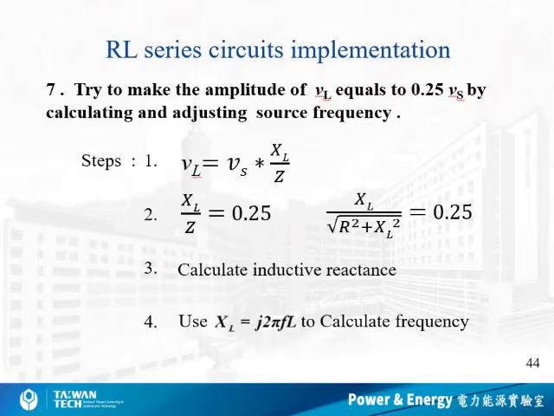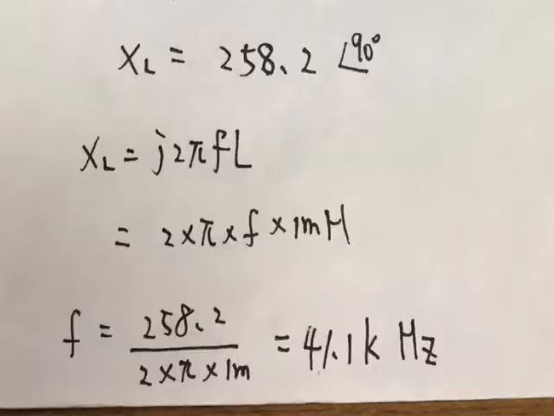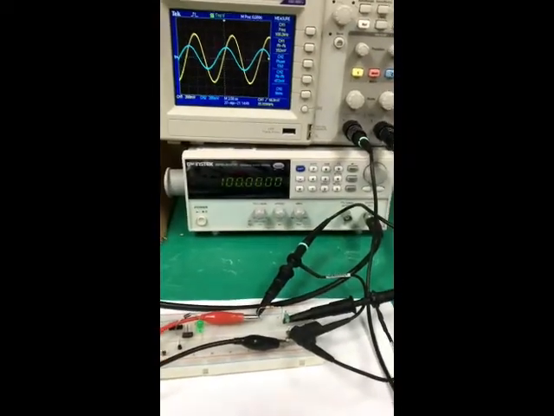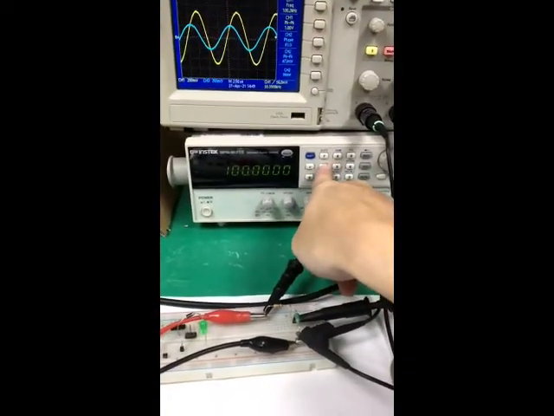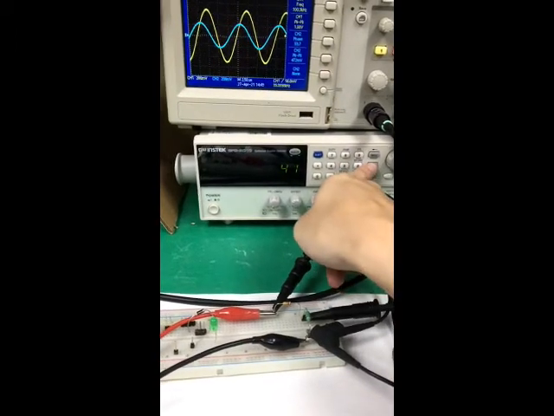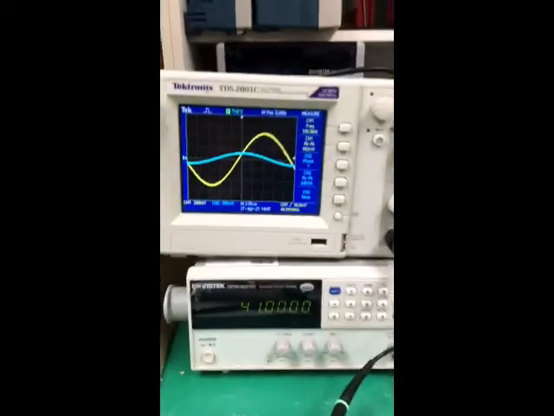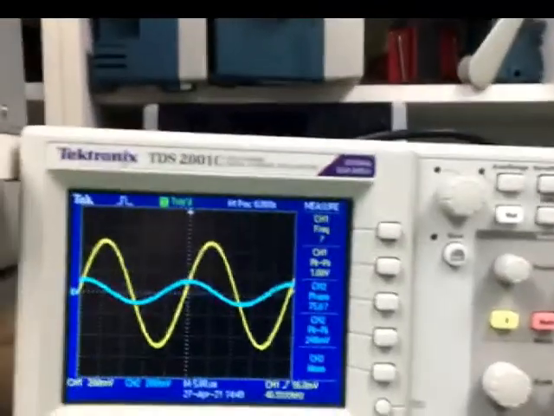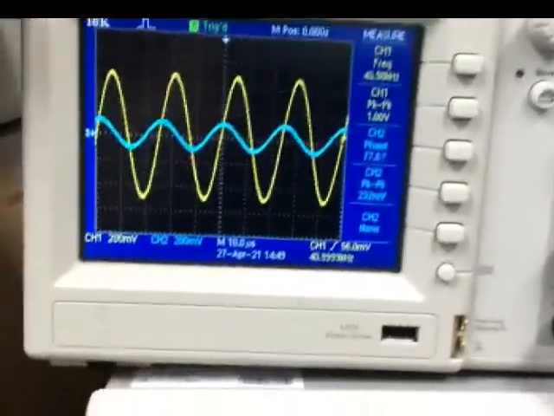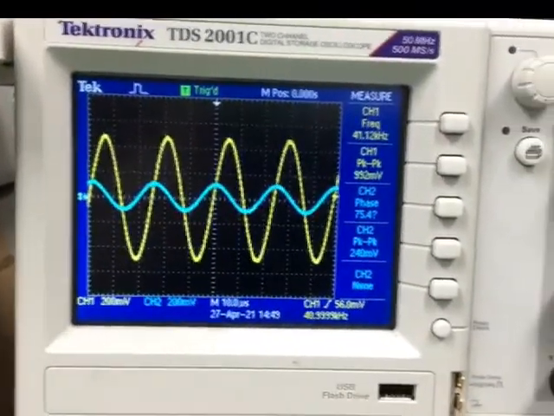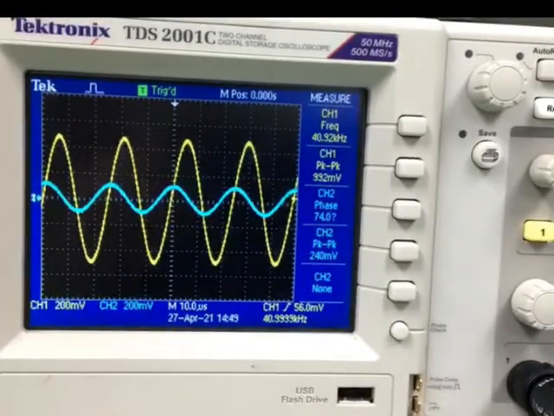Finally, use the equation to calculate the frequency and you can adjust the source frequency to observe the difference. Here is the step. You can see VL is approximately 0.25 Vs.